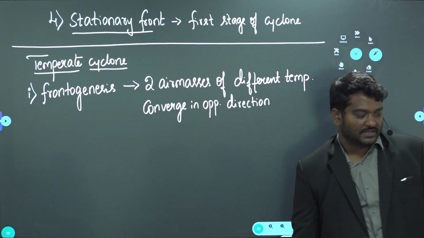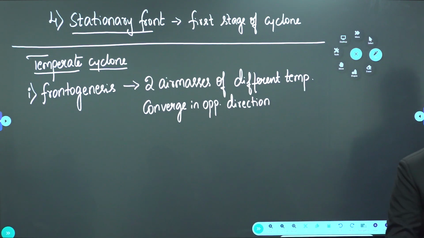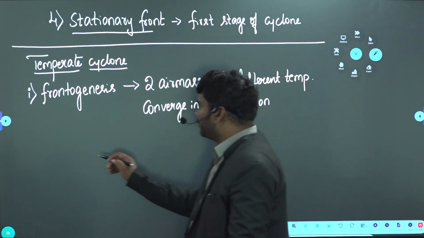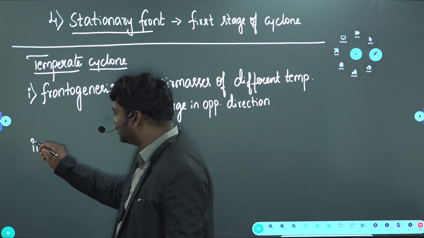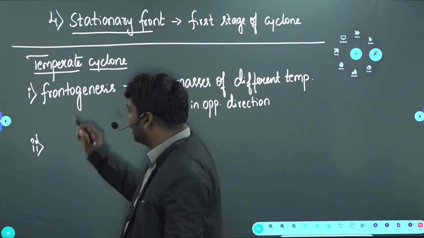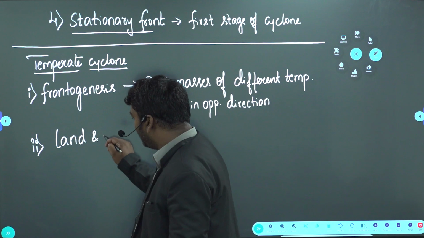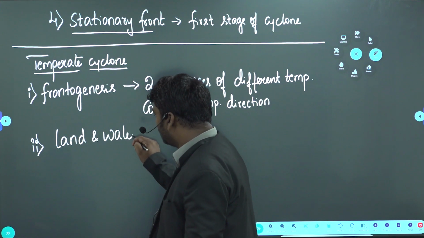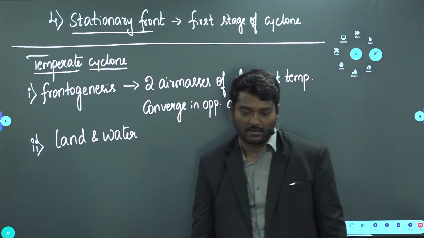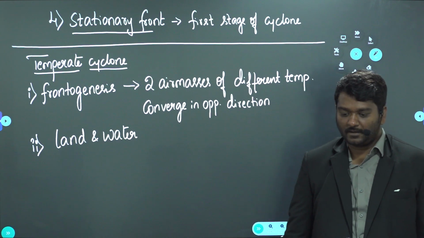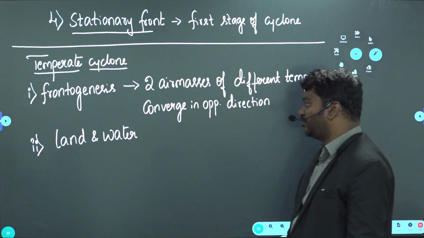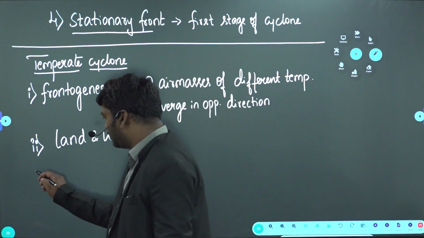You tell me, temperate cyclones are formed only over water bodies? No, they are formed on both. Which is formed only over water bodies? Tropical cyclones. Temperate cyclones are formed over both land and water.